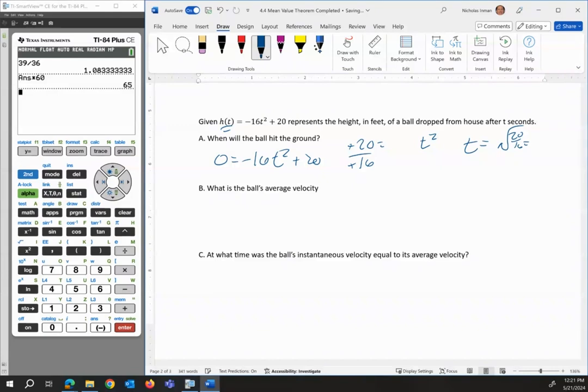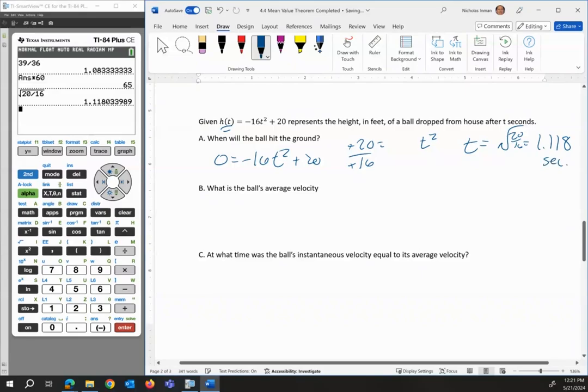So the square root of 20 over 16. That'd be the square root of 20 over 4. Let's just go ahead and type that in. So it's going to take about 1.118 seconds.